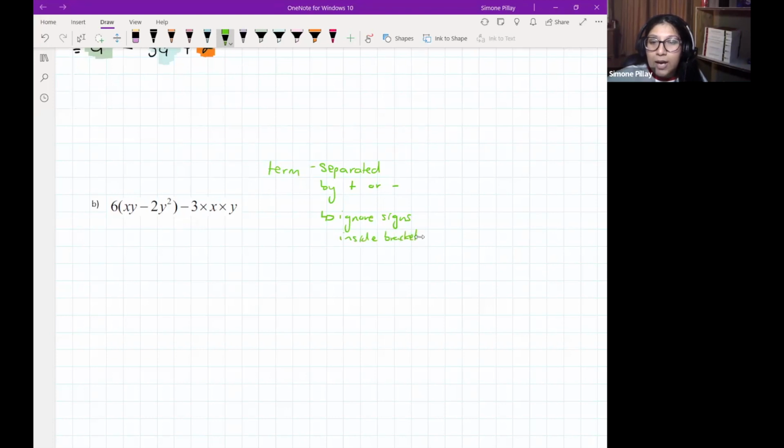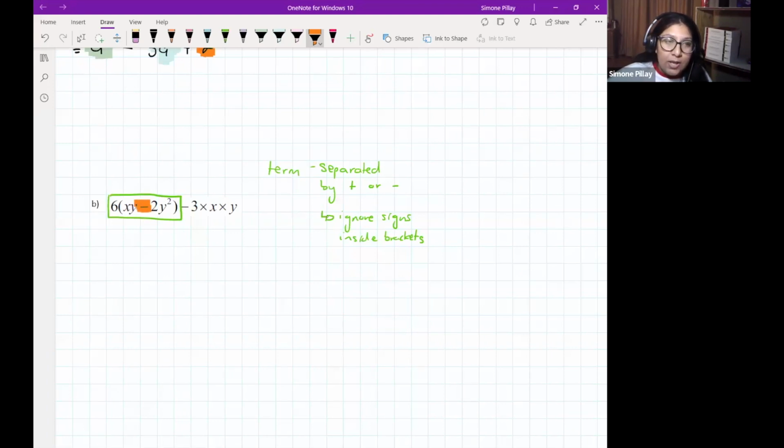The brackets hold all of our terms together. Inside this bracket there are two terms, separated by this minus. But when I look at the expression by itself, this whole thing is one term. Why? Remember, I ignore the sign inside my bracket.